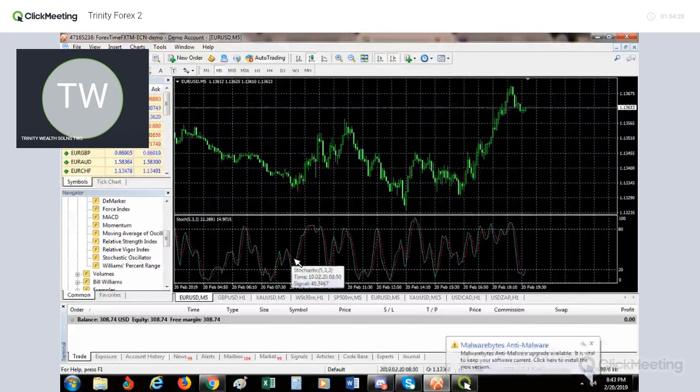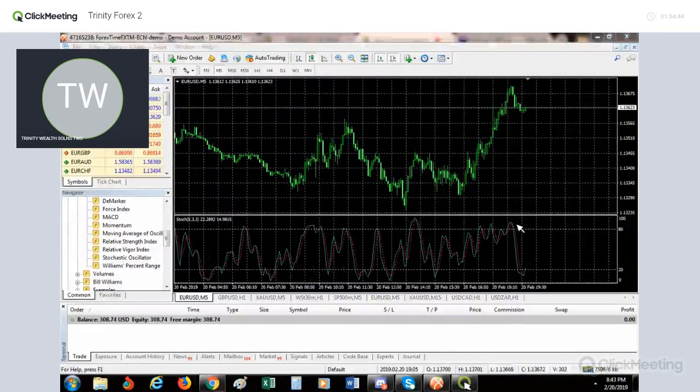There are other differences which are deeper in how they are constructed, but this is just what we can see as traders. There's a lot in between which brings the difference between the two. So for the stochastic oscillator, when it crosses 80, it means the security has been overbought.